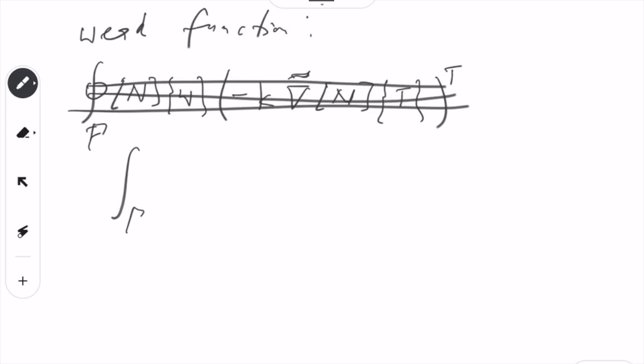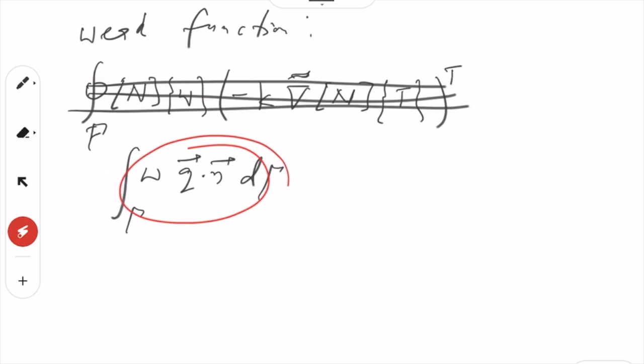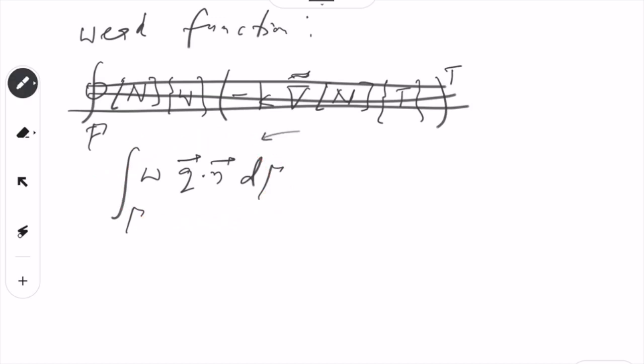Then we have W, and then q dot n. Here the boundary condition will be imposed.